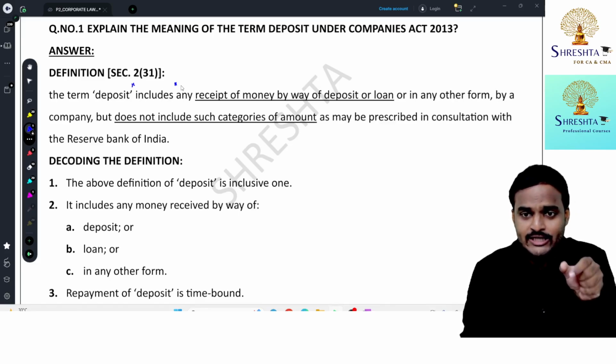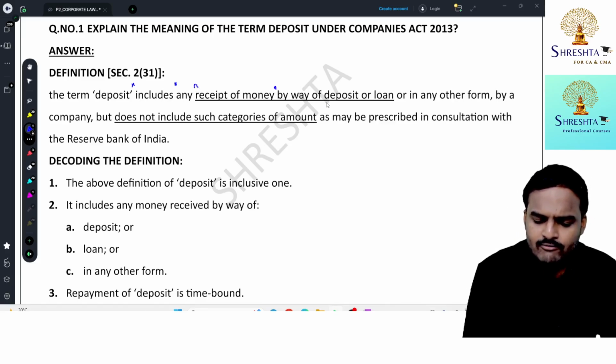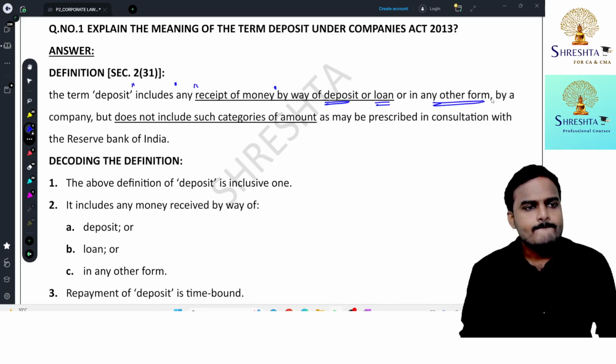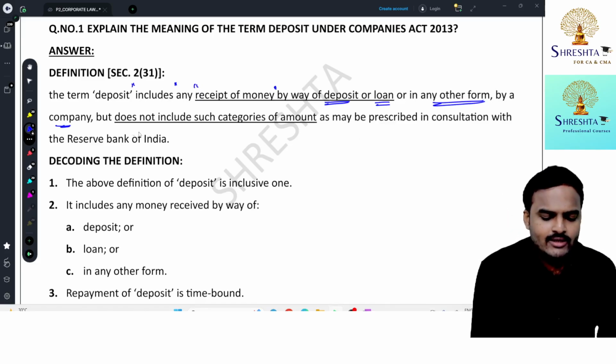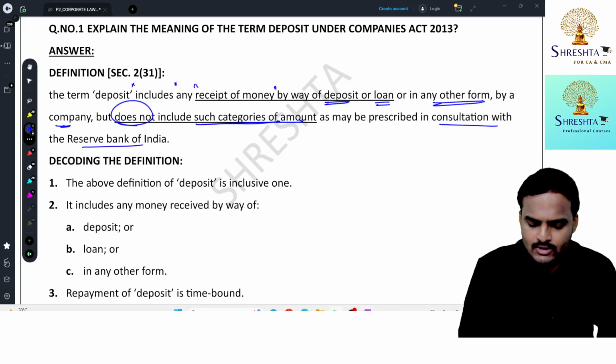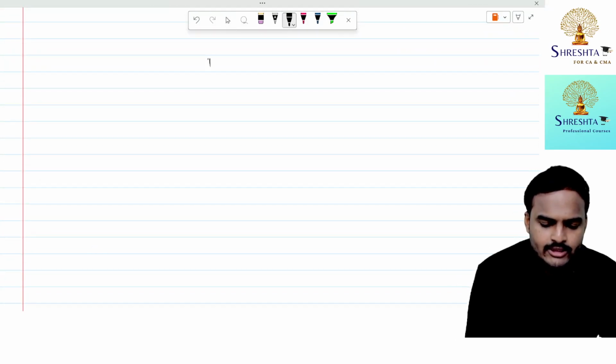Now here, deposit includes any receipt of money by way of deposit or loan or in any other form by a company, but does not include such categories of amount as may be prescribed in consultation with the Reserve Bank of India.